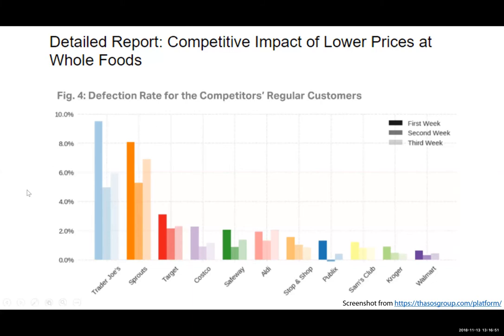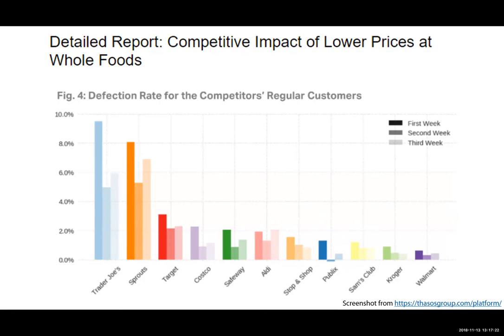So this is Thesos collecting data about what impact that had on competing stores during a 3-week period, the first 3 weeks after the prices were lowered. Here we look at Trader Joe's for example. Trader Joe's, you could imagine, is a pretty close parallel to Whole Foods. A lot of the same people who shop at Whole Foods likely shop at Trader Joe's.